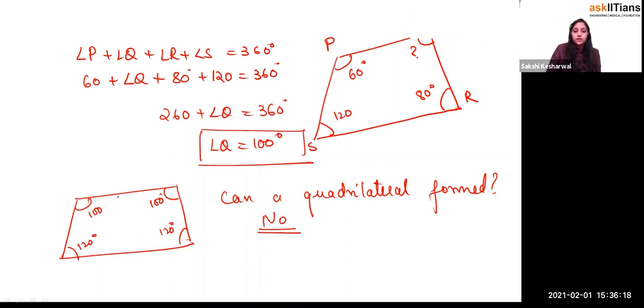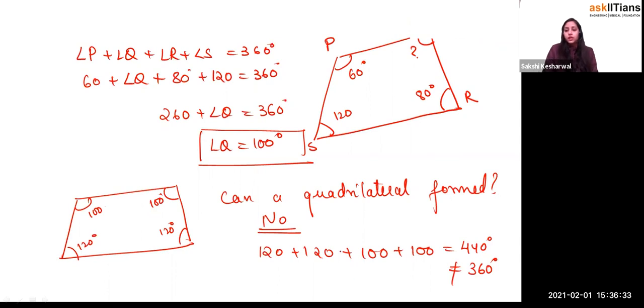The reason: if you add all the angles, 120 plus 120 plus 100 plus 100, that is 240, 340, and this equals 440 degrees, which is not equal to 360 degrees. So no, a quadrilateral cannot be formed. You can just try with any of the angles.